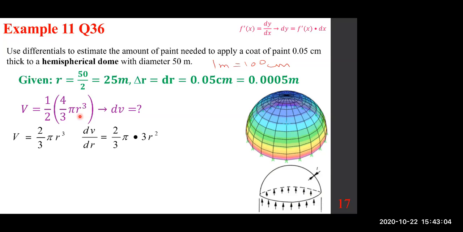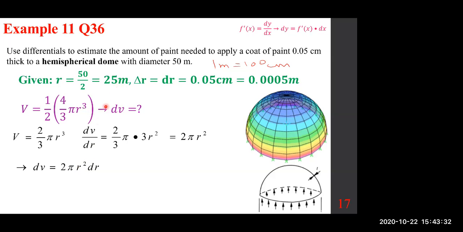This is the simplification of these two: 2/3 pi remains, r cubed gives us 3r squared, and so 2 pi r squared. What is r? It's 25 meters, remember that. But what do we want? dV. So the same thing times dr: 2 pi r squared dr.